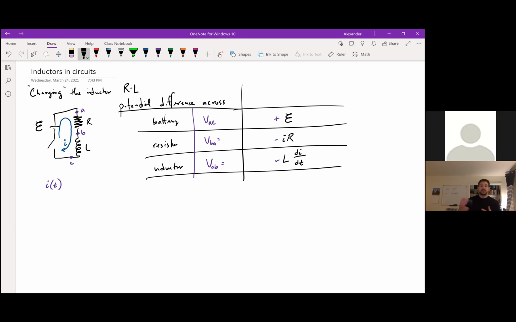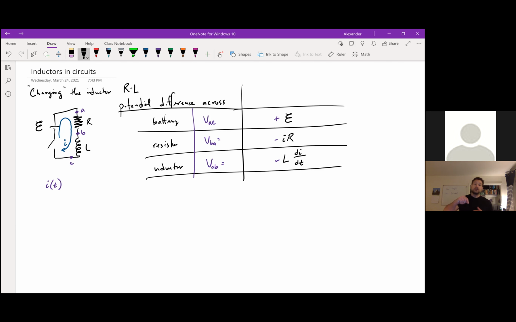Now, as the current changes in this circuit, the EMF induced across the inductor from one side to the other, from point B to point C in the circuit, is proportional to its self-inductance and the rate of change of the current.